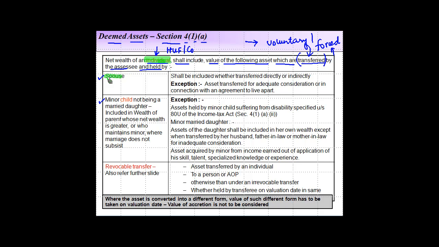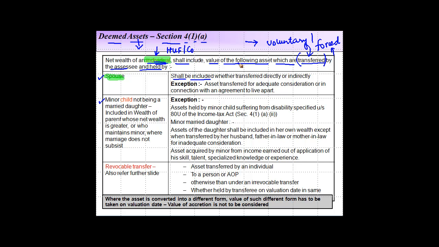The first one is spouse. So let's say an individual transfers an asset, asset meaning asset for wealth tax purpose, to his or her spouse. This shall be included in the net wealth of the individual. And who's the individual? The individual is the transferor, whether transferred directly or indirectly.